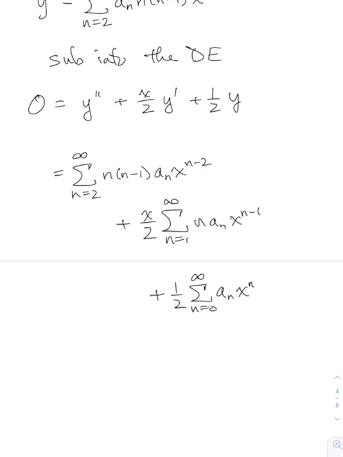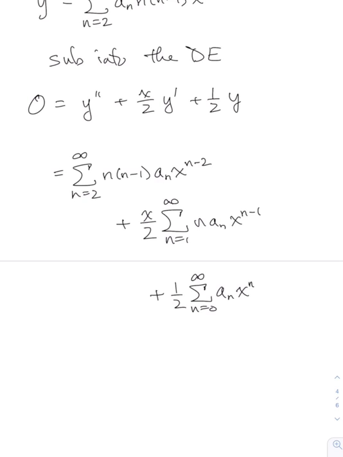That's the fact that we want to use. We basically want to equate coefficients, right? On the left-hand side, I've got 0, which you can think of as a series with all the coefficients being 0. The right-hand side, however, right now is 3 different series added together. So I want to combine them all so that the right-hand side is one series. And if I can do that, then in that one series, all of the coefficients will have to be 0.